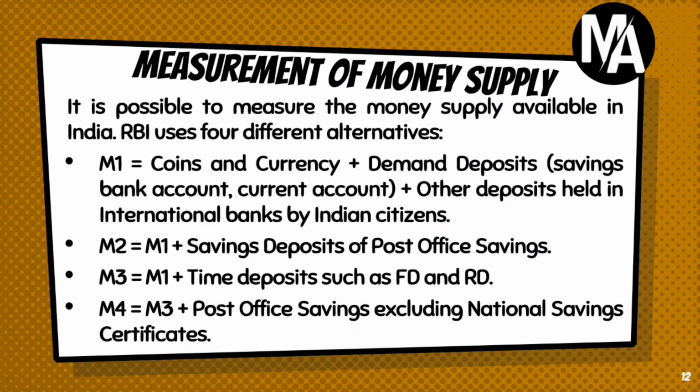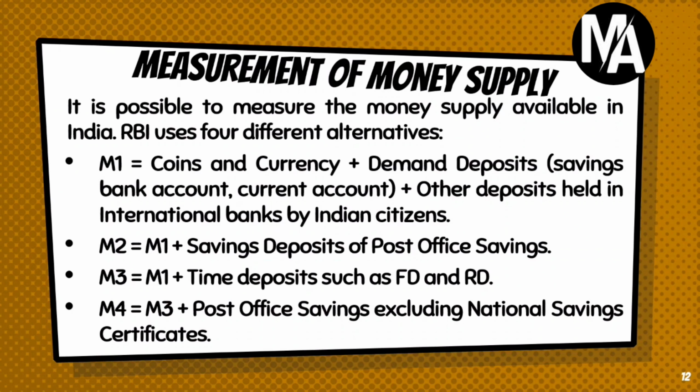It will be only given to you according to the limit that is set by the post office. For example, in your post office account, if you have 1 lakh rupees and if the limit to withdraw per month is only 5,000, you will not get 1 lakh when you demand it. You will be getting back only 5,000 rupees per month. That is why it is slightly difficult to convert it back into cash.